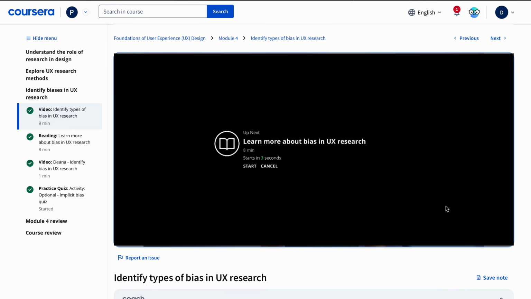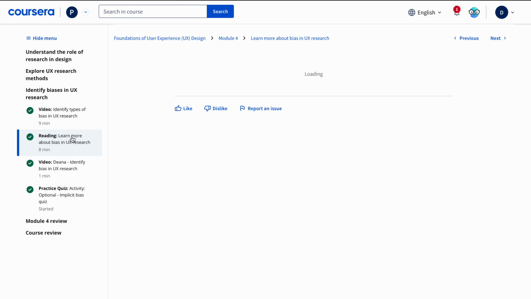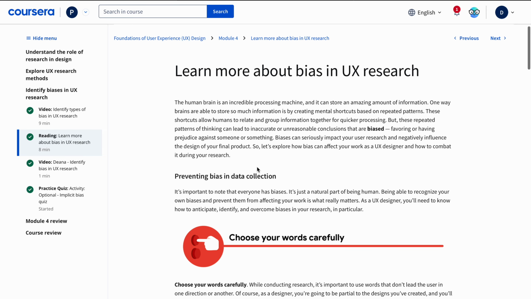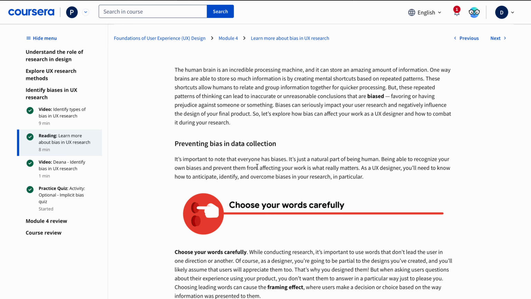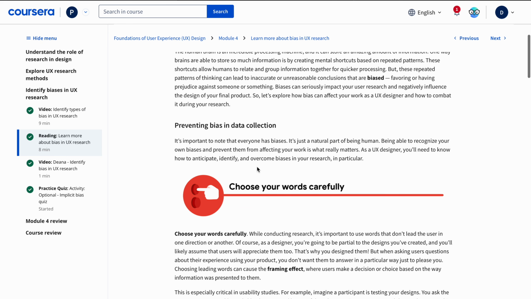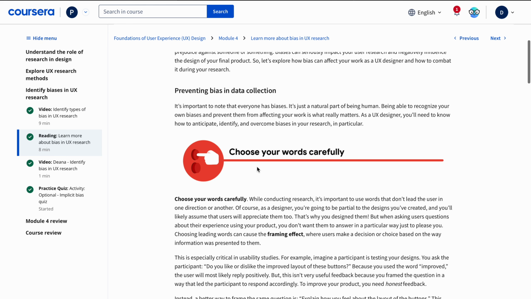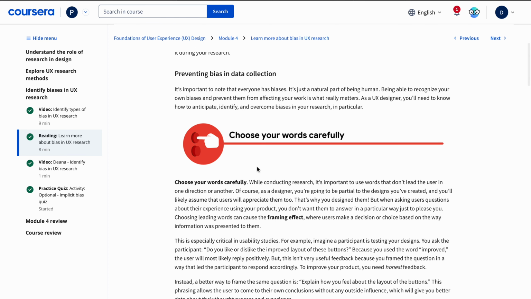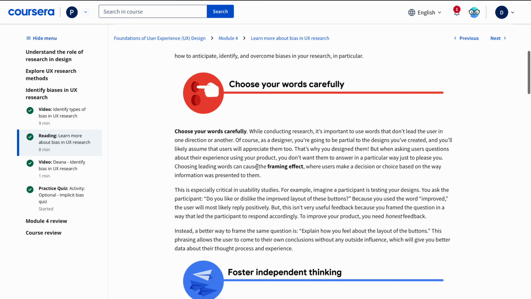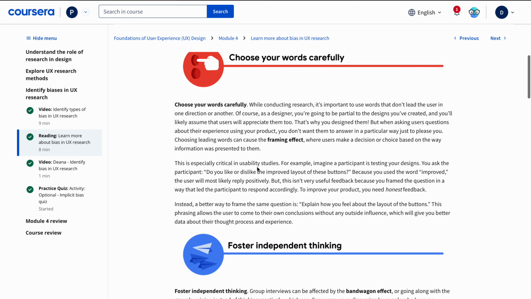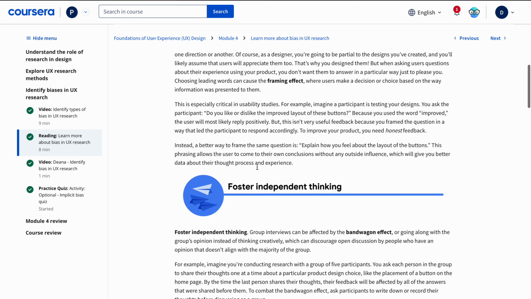Okay, let's move to the next part. It's the reading part. Don't skip it, because this is important. It provides you with important knowledge, and this can also apply to normal life and your normal day.